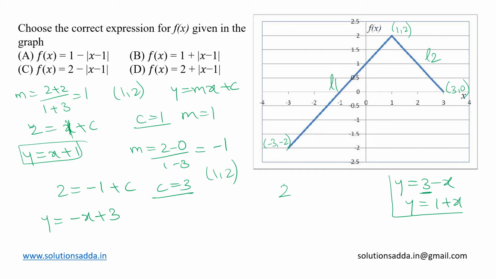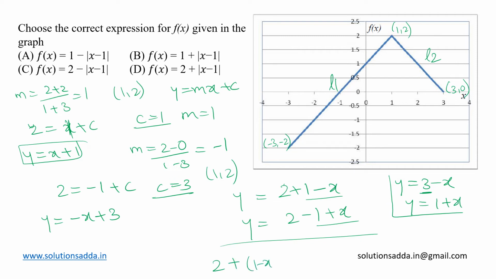Let us write this 3 as 2 plus 1 and then minus x, and this equation as 2 minus 1 plus x. Now let us try to encapsulate the 1 and x into a modulus.